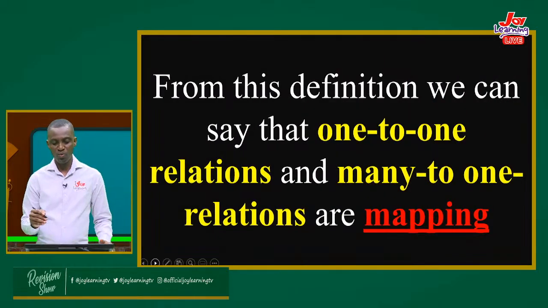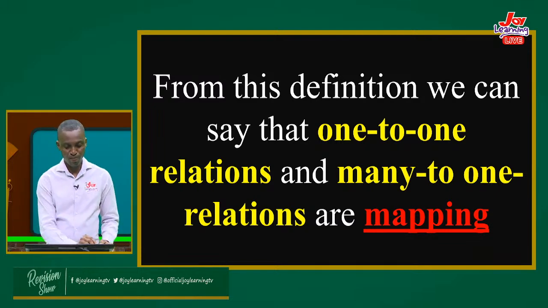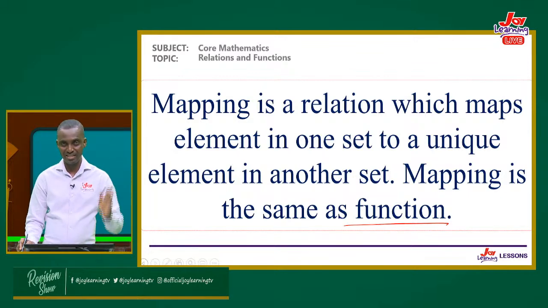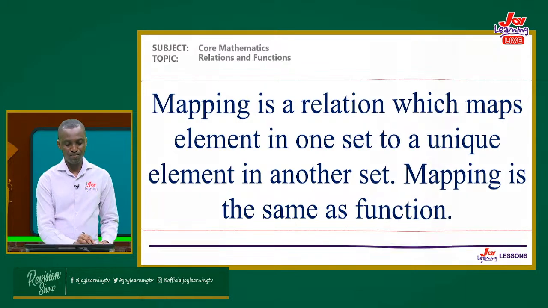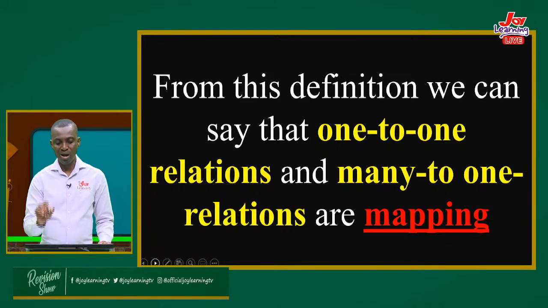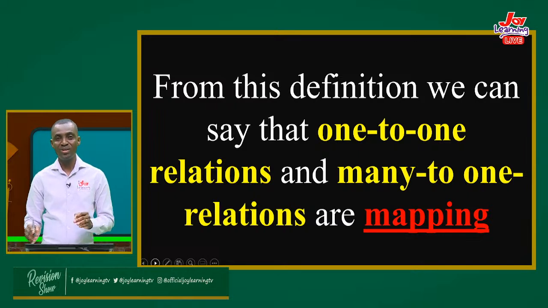Again, from this definition we've already established, when we said mapping is a relation which maps elements in one set to a unique element in another set, then we can say one-to-one relations and many-to-one relations are mapping. Let's explain. One-to-one relation means I have one element in the set mapping to only one element in the codomain or the range.